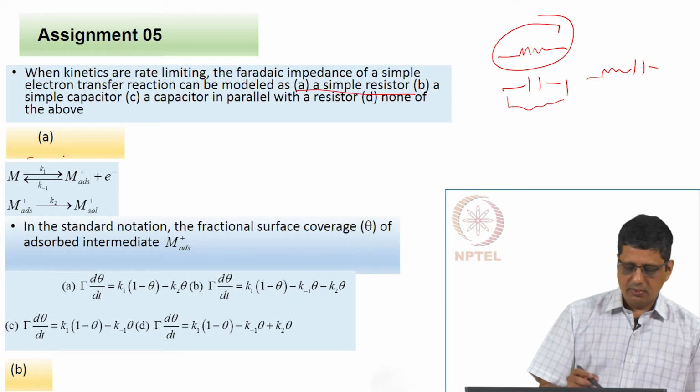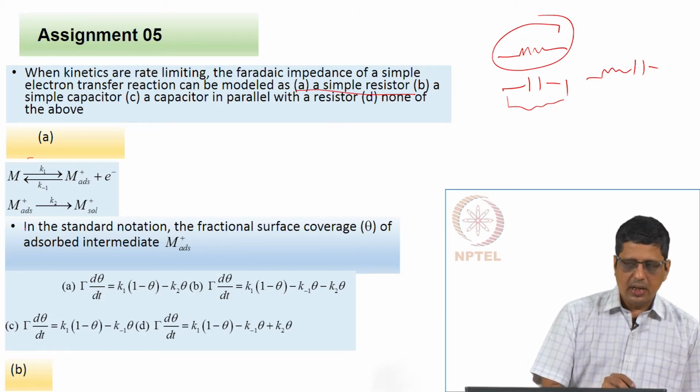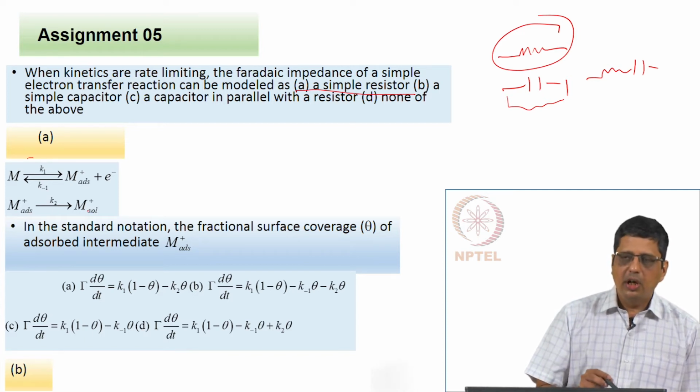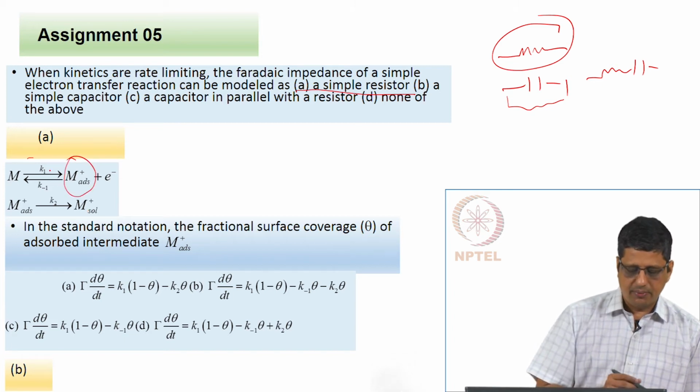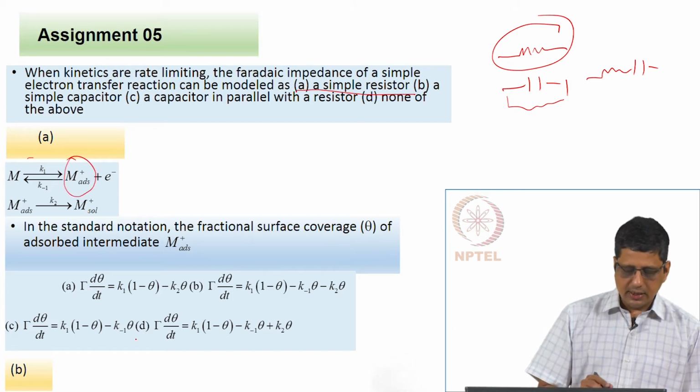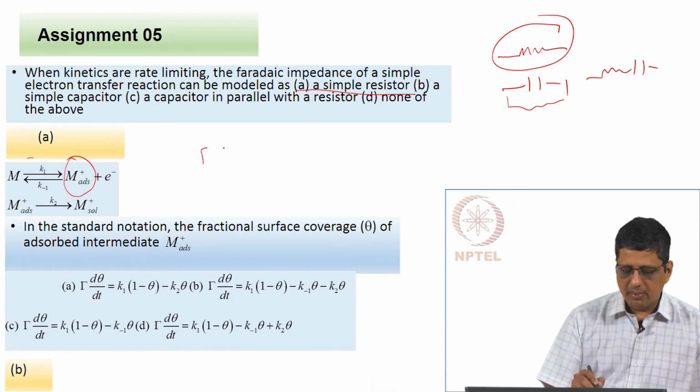Next question is, when you have metal going into metal plus adsorbed plus electron, and in the second step metal adsorbed goes into solution, how would we write the fractional surface coverage of this intermediate species? You are given 4 choices. For this we have to write gamma d theta by dt.